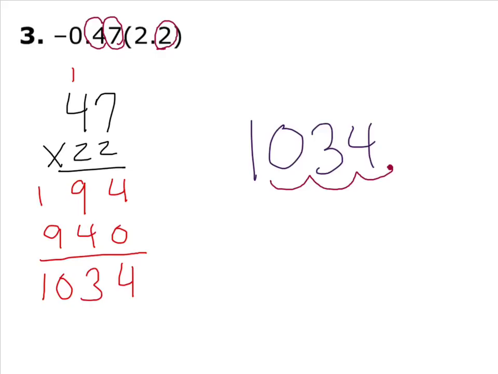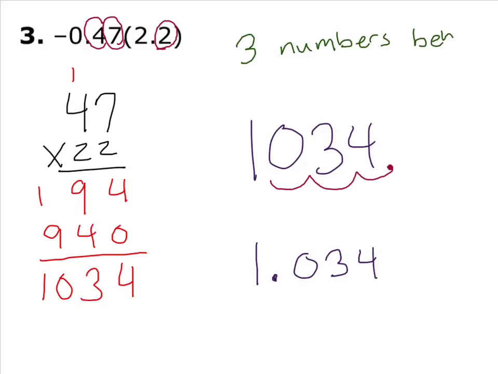So I know that my answer is going to be 1.034. Now, how do I know that? Well, remember, I have 3 numbers behind the decimals.